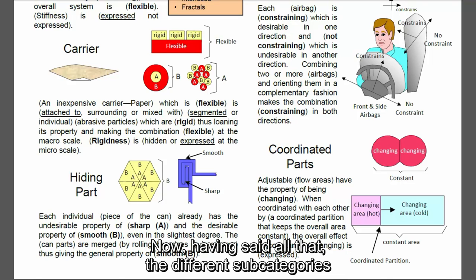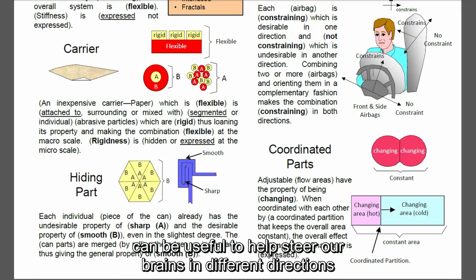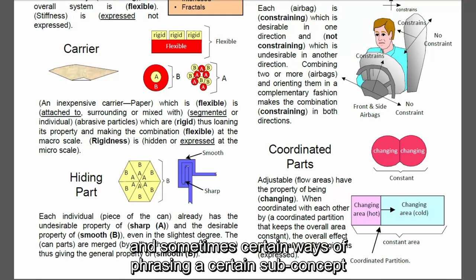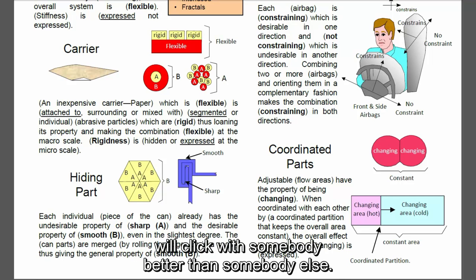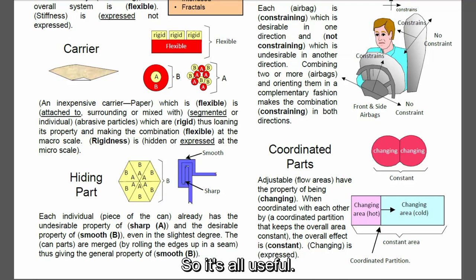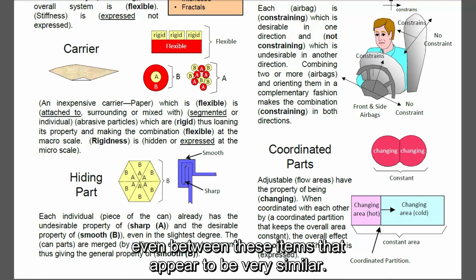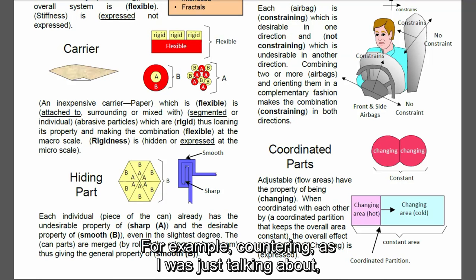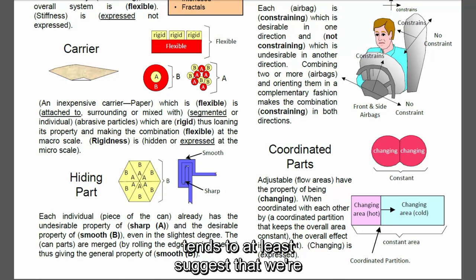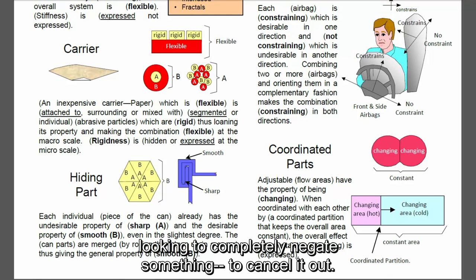Now, having said all that, the different subcategories can be useful to help sort of steer our brains in different directions, and sometimes certain ways of phrasing a certain subconcept will click with somebody better than somebody else, and so it's all useful. There are slight nuance differences even between these items that appear to be very similar. For example, countering, as I was just talking about, tends to at least suggest that we're looking to completely negate something, to cancel it out.